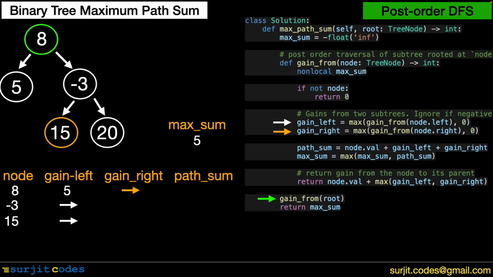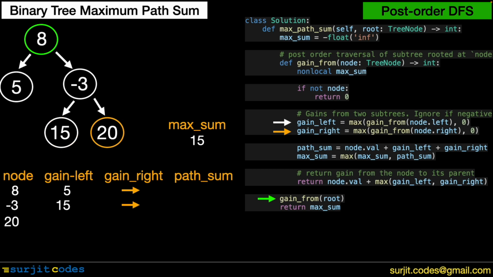Left child of 15 is none, so function returns 0, which is stored in gain left. Similarly, at the next statement, gain right also becomes 0. Pathsum is 15, which is higher than maxsum, so maxsum becomes 15, and the function returns 15, which becomes gain left of the previous call.